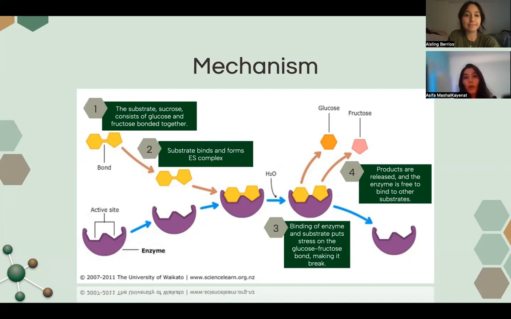This breaking of the bond causes both glucose and fructose to be released from the enzyme, and this allows the process to start all over again. In other words, sucrase catalyzes the hydrolysis of sucrose to produce glucose and fructose. Then the brush border transporters facilitate the absorption of these two monosaccharides.